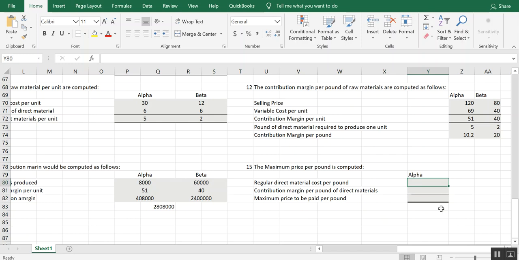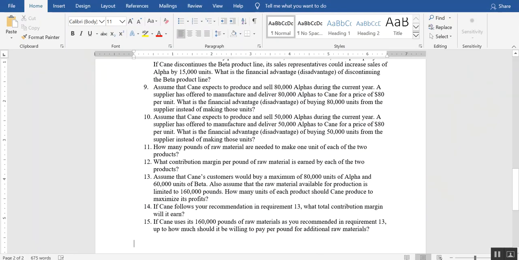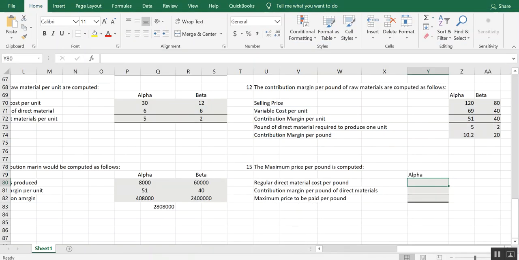Now for number 15, it asks us, okay, if Kane uses the 160,000 pounds of raw material as recommended, up to how much should it be willing to pay per pound for additional raw materials? Well, the only other product we're going to be able to sell is the alpha product because we're already at maximum sales on beta. So we're going to go to the alpha.